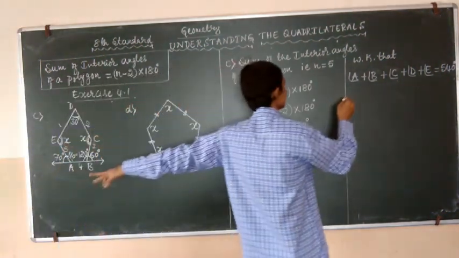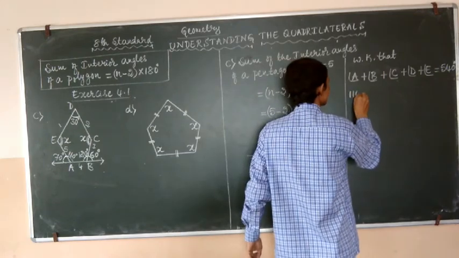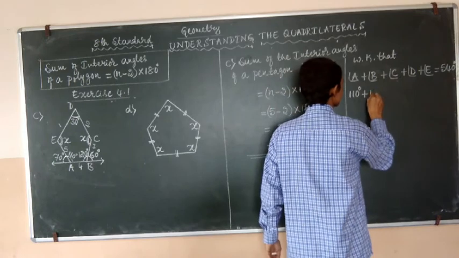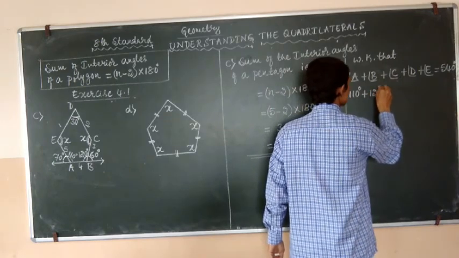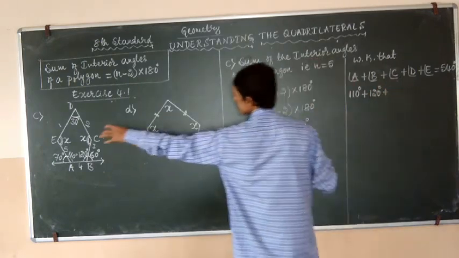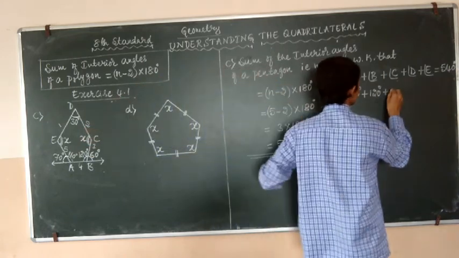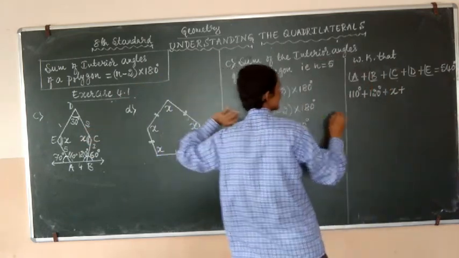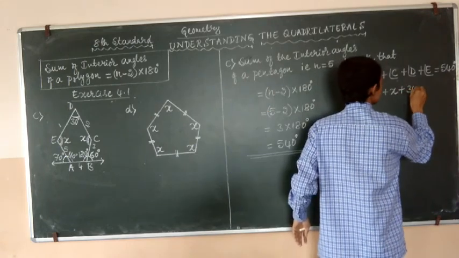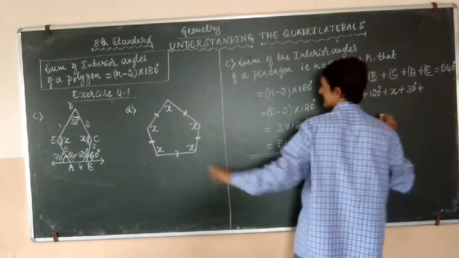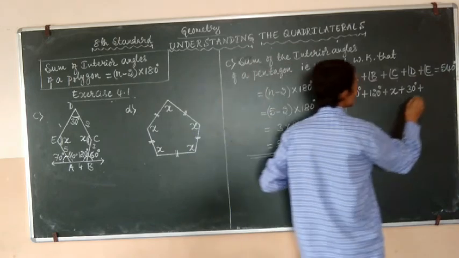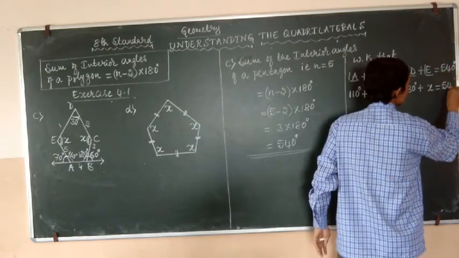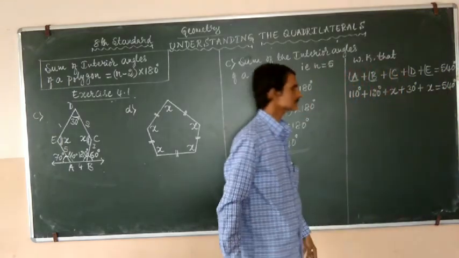So therefore, angle A is 110 degrees plus angle B is 120 degrees plus angle C is x, plus angle D is 30 degrees, plus angle E is also x, equals 540 degrees.